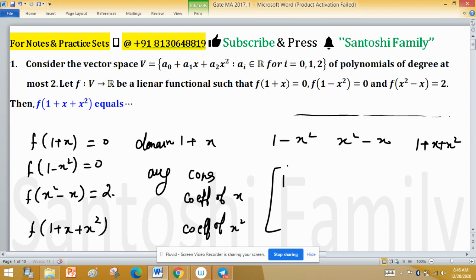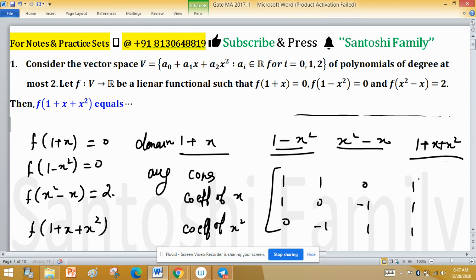The constant terms are 1, 1, 0, and 1. The coefficients of x are 1, 0, minus 1, and 0. The coefficients of x square are 0, minus 1, 1, and 1.